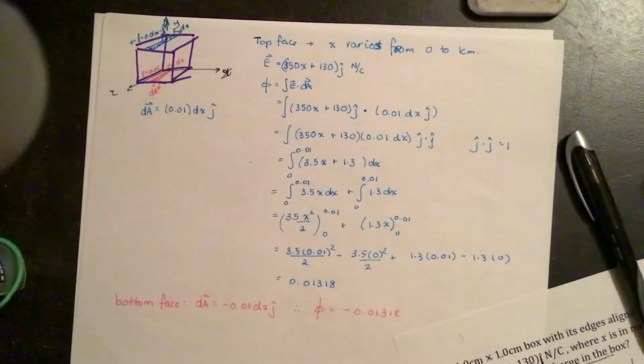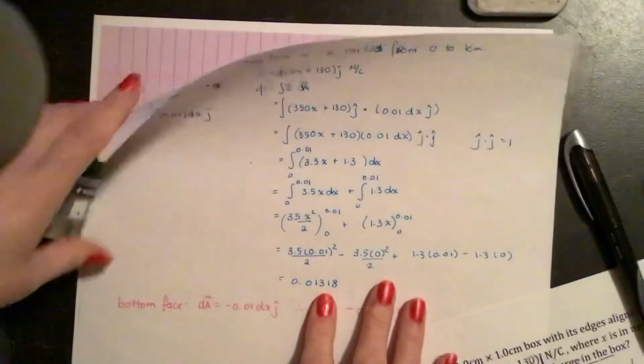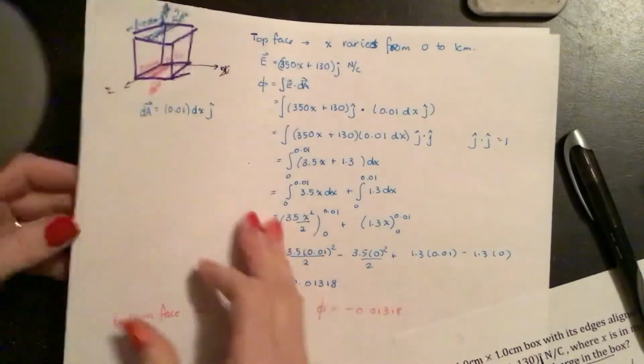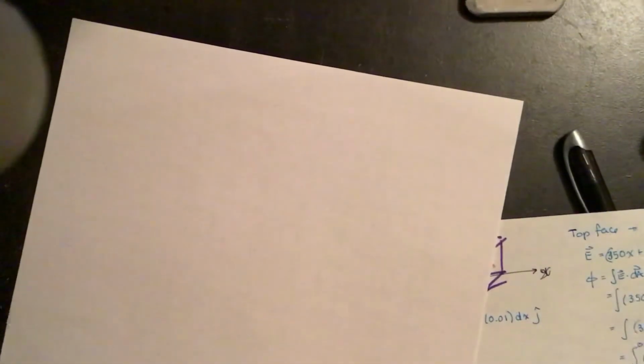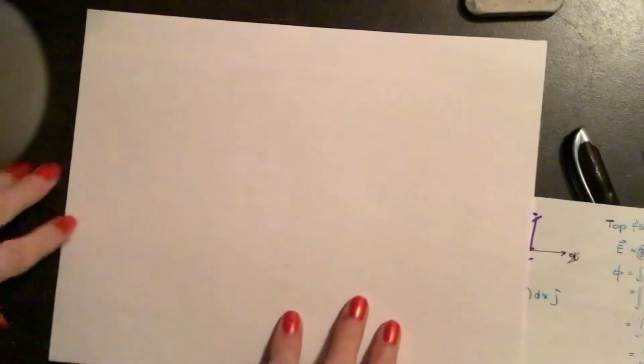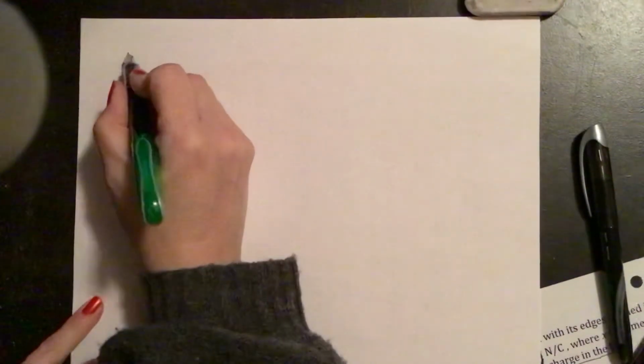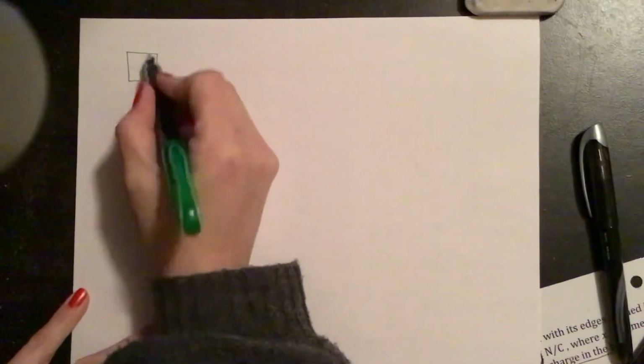Okay, so there's my top and bottom done. I've got left and right done. Next we have to do front and back. The front and back face will be pretty similar to the top and bottom face. Okay, so let's do the front face. Very quickly, I'll draw my box again.